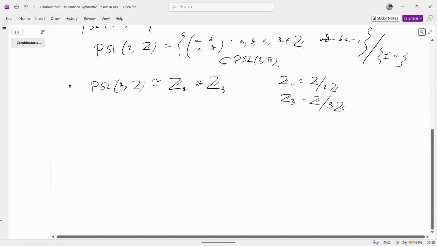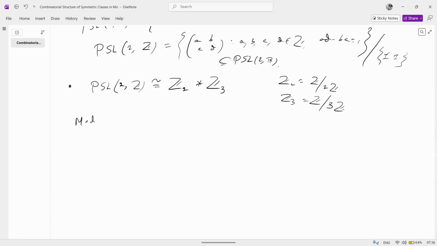Okay, and this modular group is generated by... so when you consider the modular group as Mobius transformations with integer coefficients, there are two special Mobius transformations.